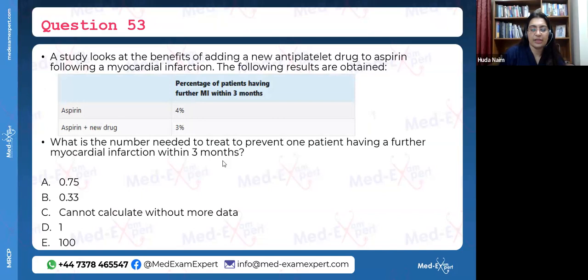I think this was also on the exam this time in the August attempt. So they want you to tell them what is the number needed to treat to prevent one patient death from having further myocardial infarction.